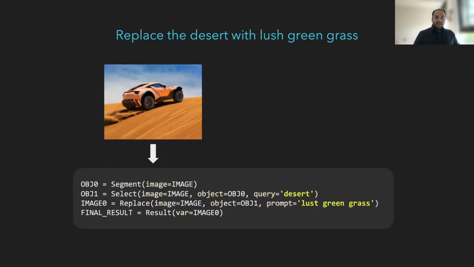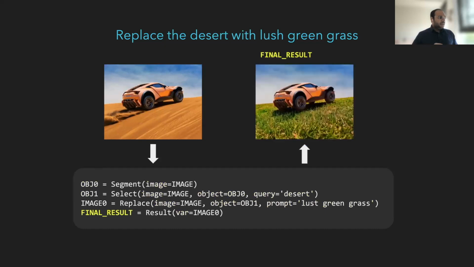Some of these arguments are Python primitives like strings or integers or floats and so on, whereas others are arbitrary Python objects that are produced in previous steps. So these could be a list of segmentation masks or detections or whatever you can come up with. And then executing this program produces the final result, which is this particular image with the desert replaced by grass.